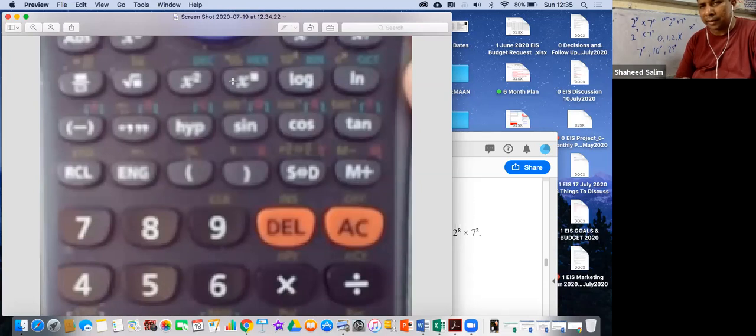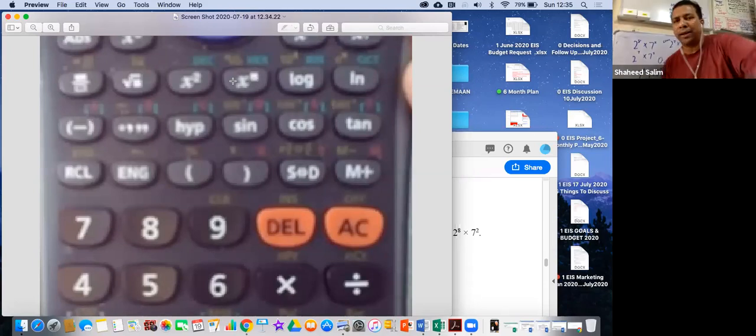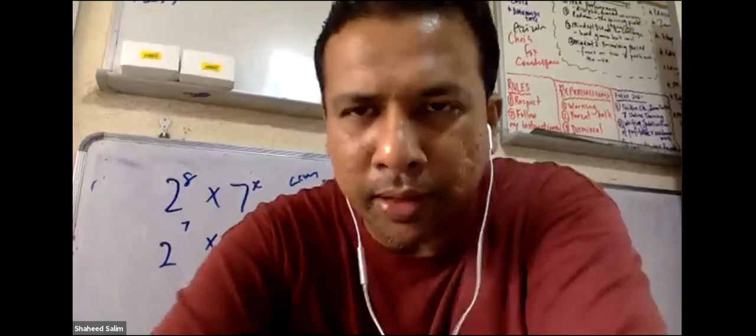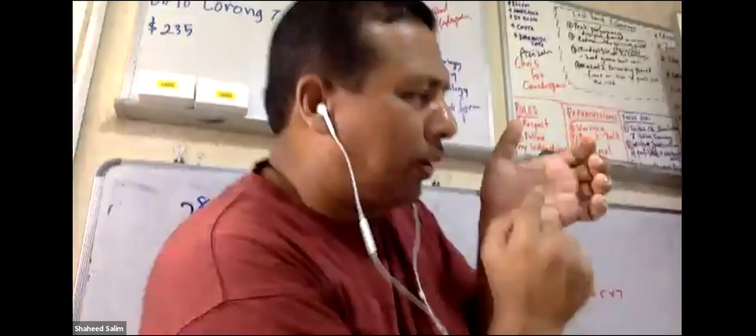Or you press that button first, then press 10 and 0. Okay. Can you show me as you press? You hold the calculator like that and you press this way so that I can see what you're doing.